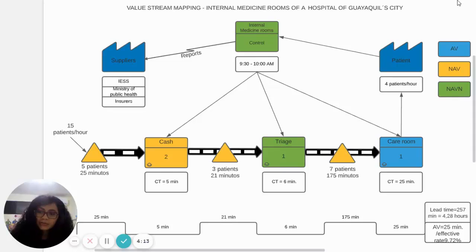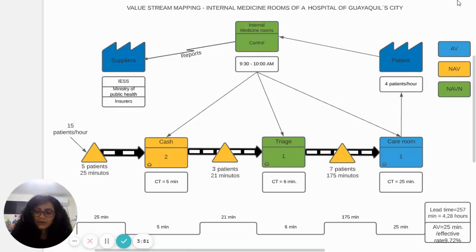The patient arrival rate is 15 patients per hour, and through the triangles we can see the patients who stay in queue: 5 patients wait to be attended by cashiers, 3 patients wait for triage, and 7 patients wait to be attended by the doctor.